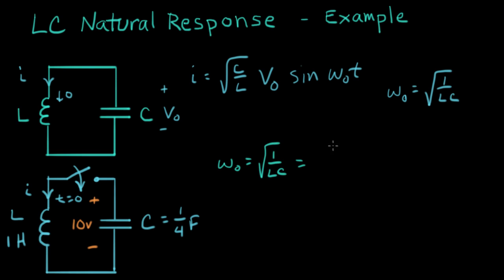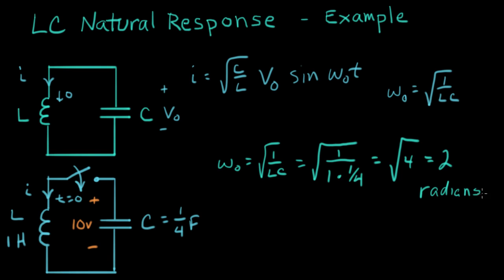So that equals the square root of 1 over 1 Henry times 1/4 farad, which equals the square root of 4, or equals 2. And that's in units of radians per second. That's the natural frequency. We know the natural frequency right here, and now we can work out the rest of it.